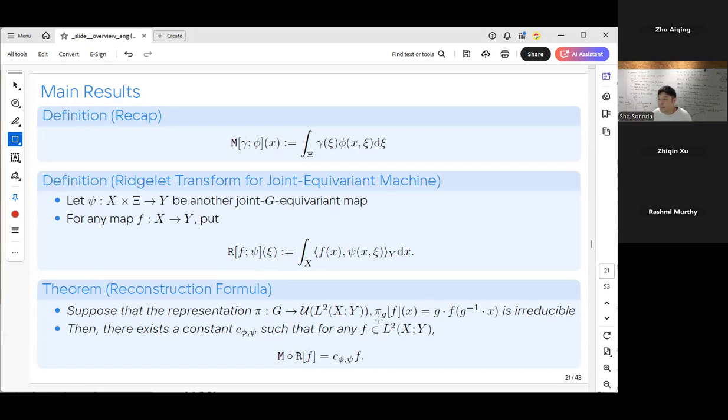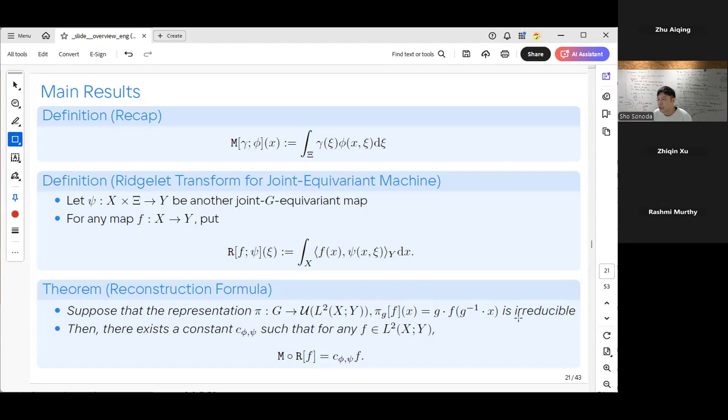Let pi be a regular action of group G on L2(X, Y). L2(X, Y) means that this is a square integrable vector-valued function, Y-valued function on X. The construction of representation pi is the regular representation of group G on the L2 space.